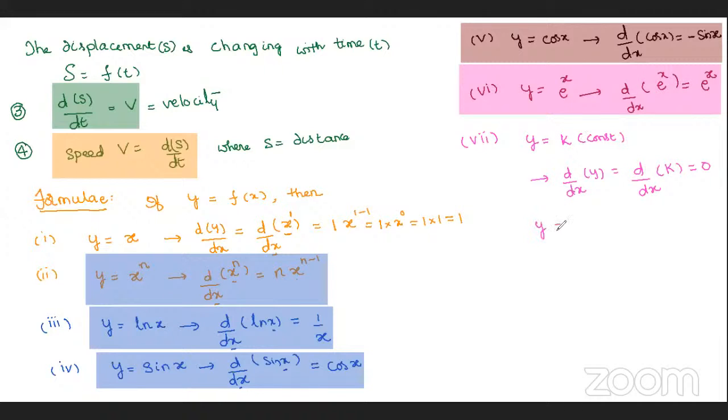Not like y is equal to kx. This is again different. y is equal to 2 is different, y is equal to 2x is different. So this is valid for y is equal to 2, without a variable.